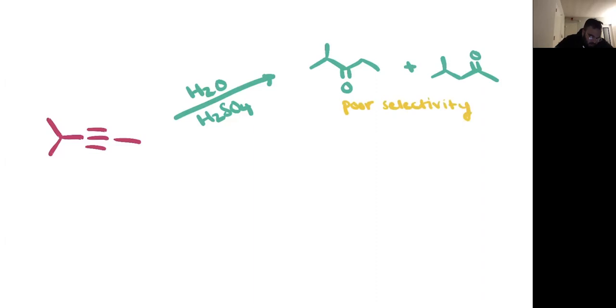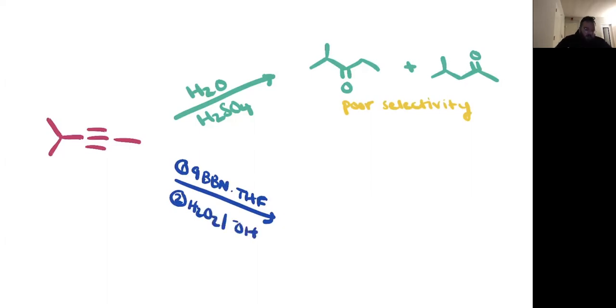But if I use 9-BBN, what happens is that 9-BBN is so hindered that it wants to go to the least hindered side of the alkyne.